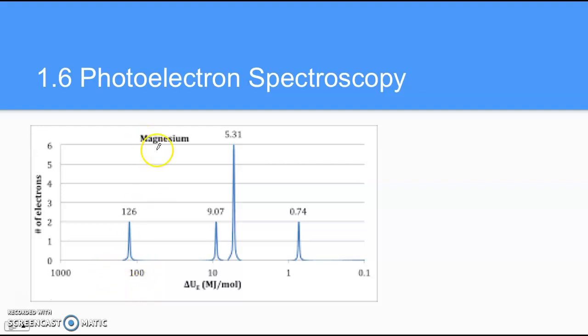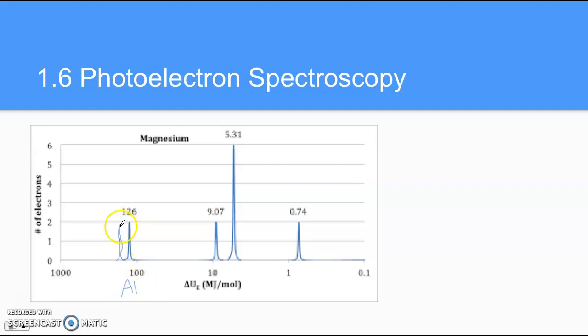If you say this is magnesium, if you had, say, aluminum, what the peaks would look like in aluminum is it would be shifted a little bit left. So the aluminum peak would be like right there, something like that, because aluminum has 1 more proton in the nucleus.